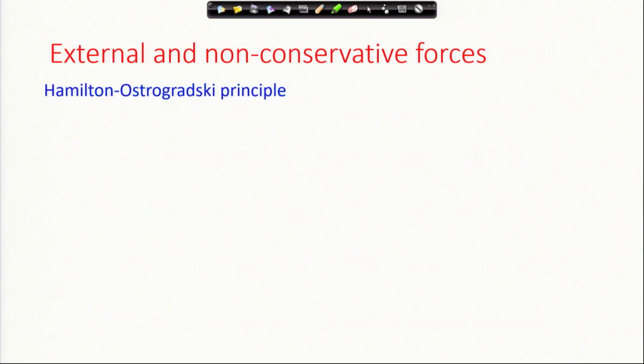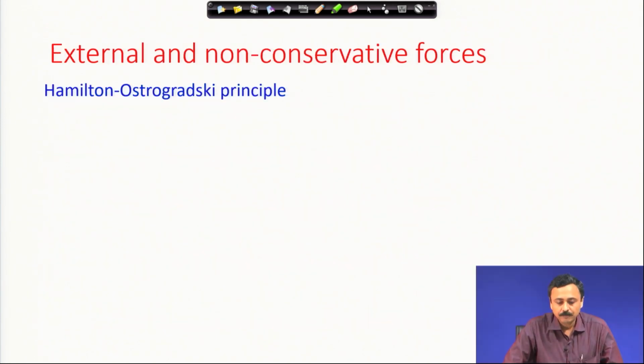With this, we move on to our next topic. What happens when there are external forces or non-conservative forces? Till now we were looking at mechanical systems in which the Lagrangian is written as kinetic energy minus potential energy of the system.